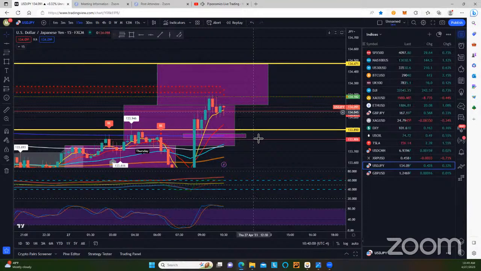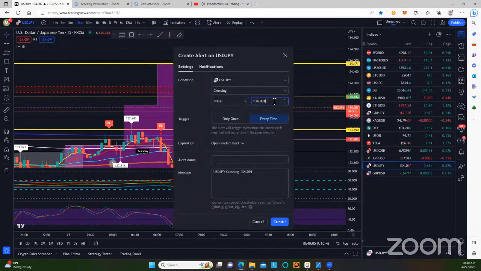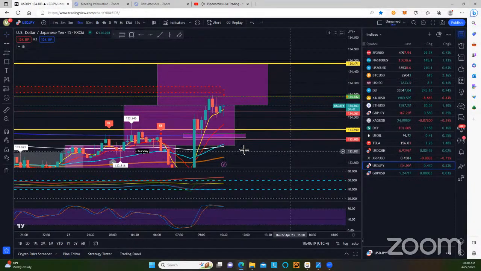It can obviously go downward as well. So because it's already taken liquidity, I want to know if it hits 134.053. And that's more of a sell opportunity. And we're playing red to red. Well, actually, this will be your first TP.